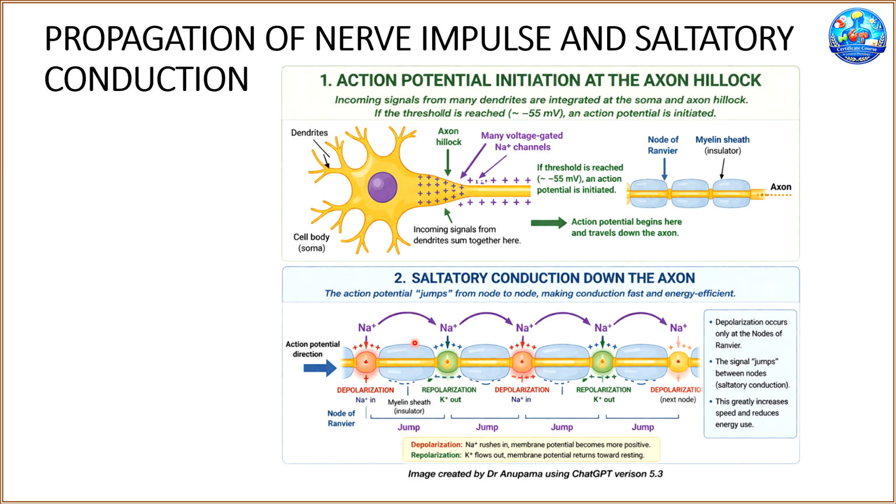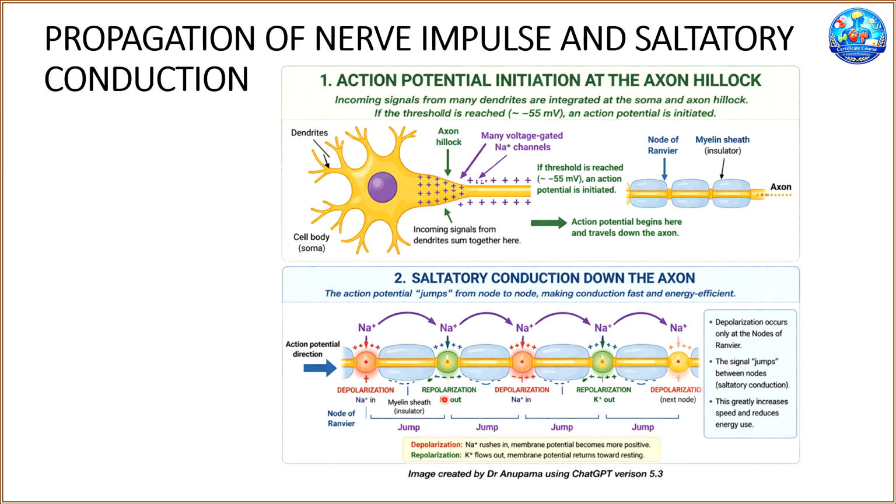As saltatory conduction takes place, it is a continuous stimulus. Initial depolarization is followed by repolarization, again depolarization followed by repolarization. So a continuous cycle of depolarization and repolarization events takes place because of the continuous stimulus that these cells receive.